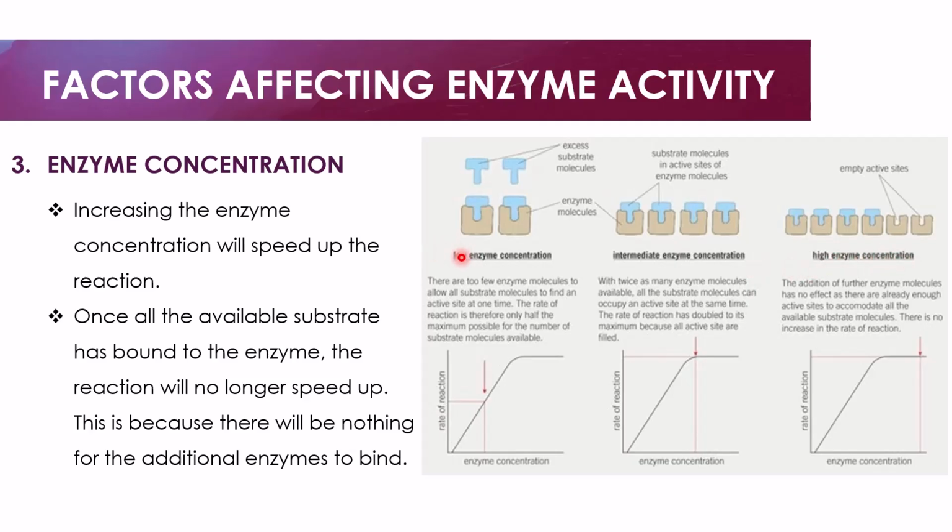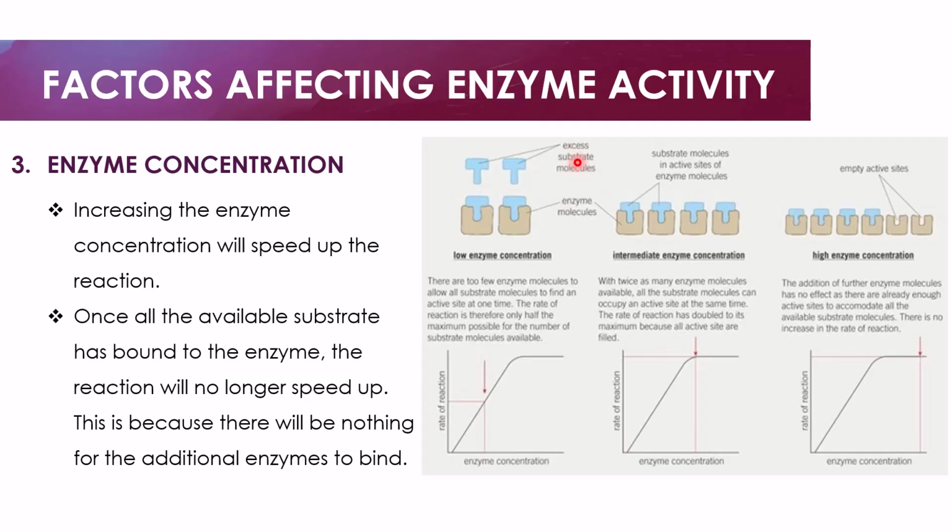So we will just pick them one by one and study what happens in each of the conditions. So let's start by looking at low enzyme concentration. At low enzyme concentration, there are few enzyme molecules and excess substrate molecules.